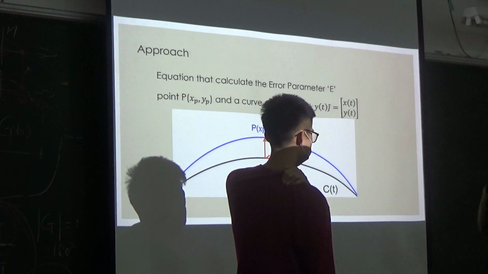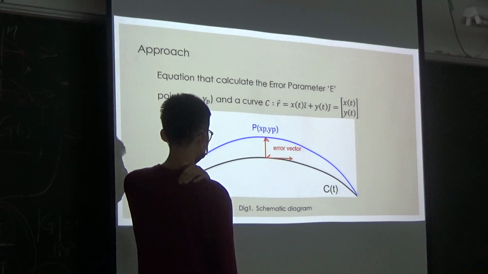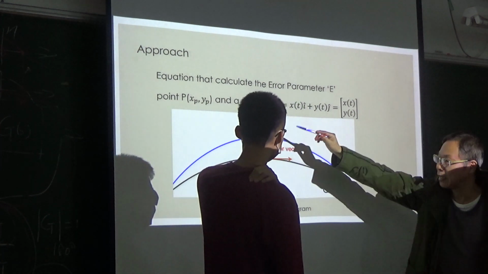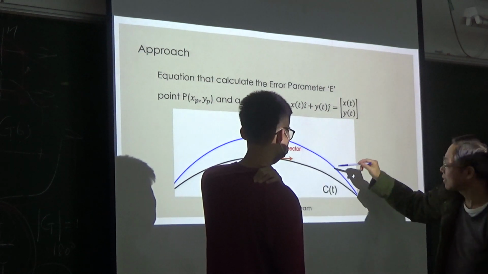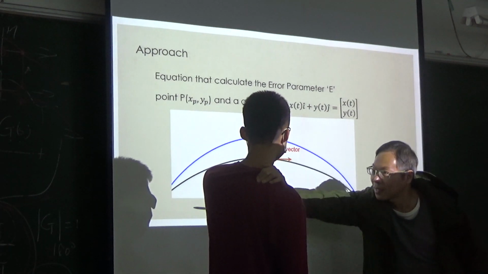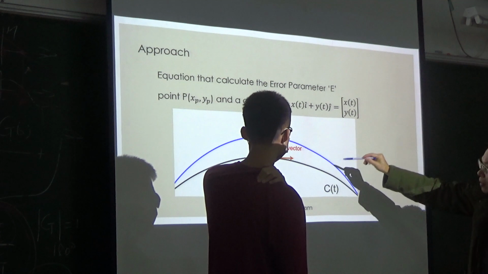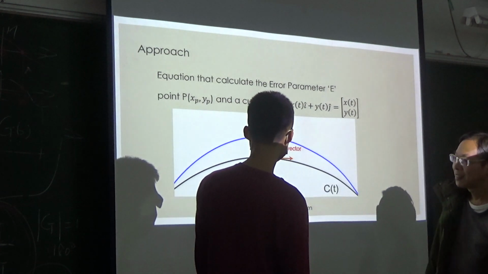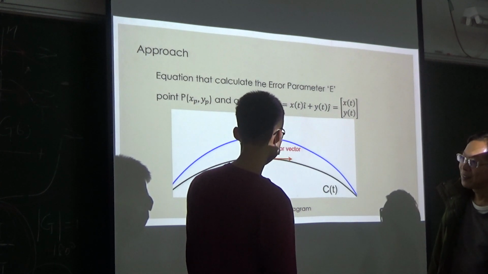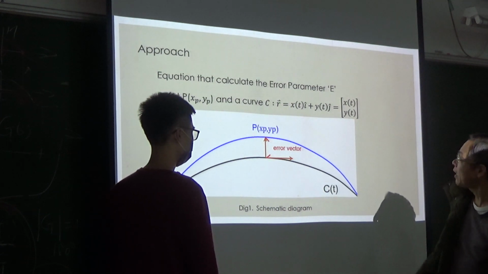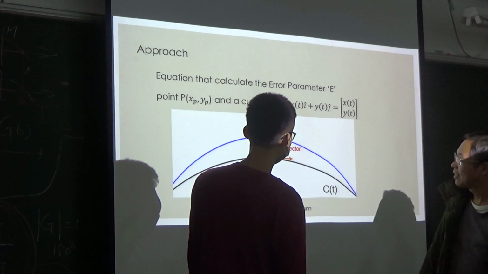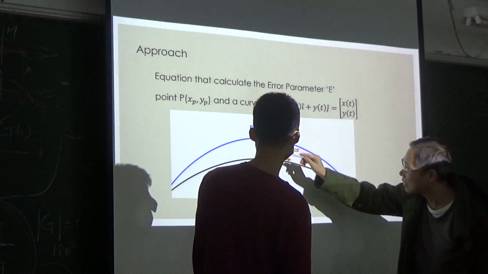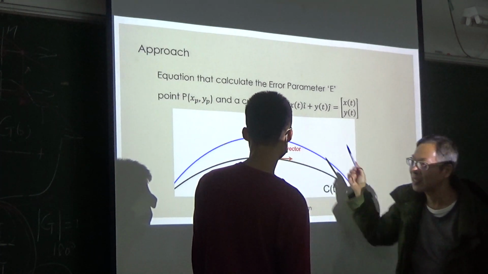You have only some distributed points. But you define the so-called E from here to here, but you do not have a curve here.